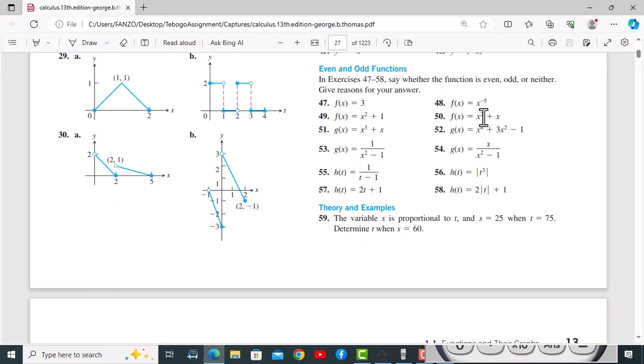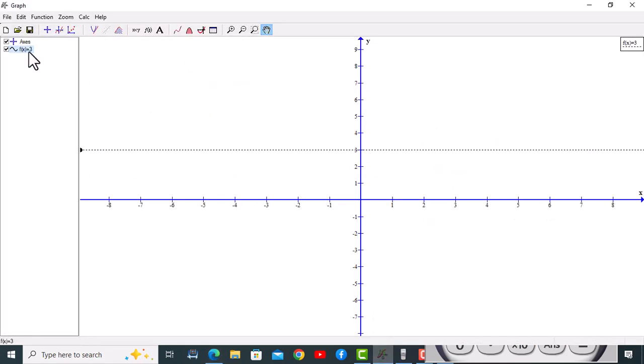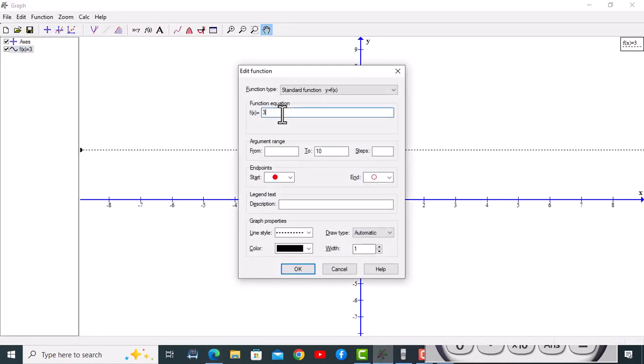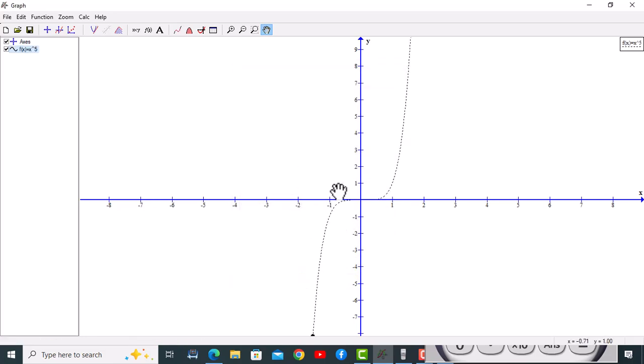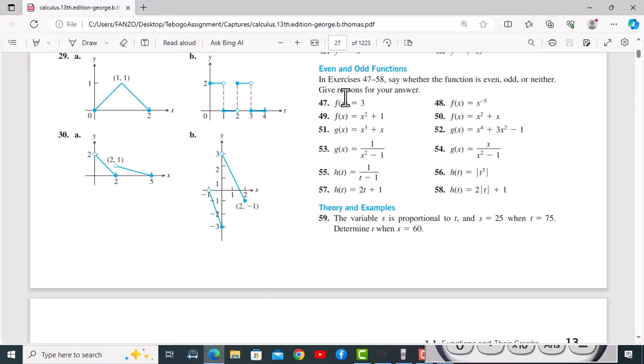Alright, let's look at 48, x to the exponent of minus 5. Let's see what we can get. There it is. Is this even or odd?